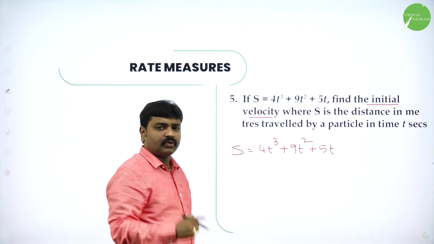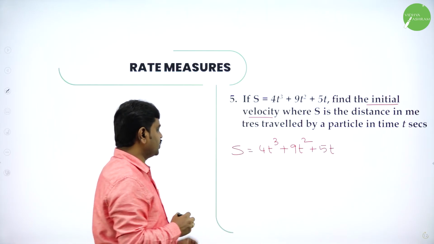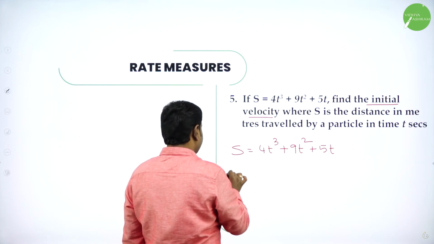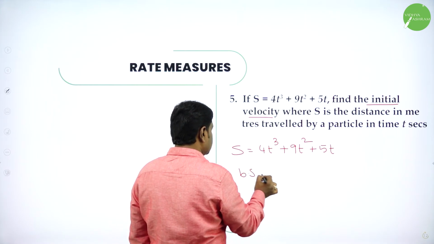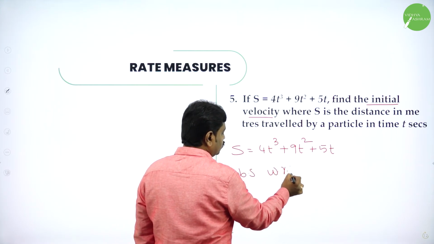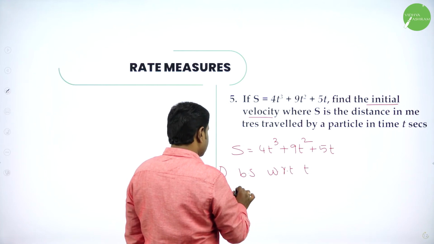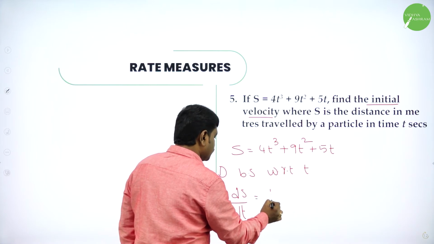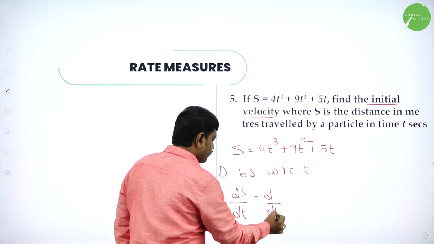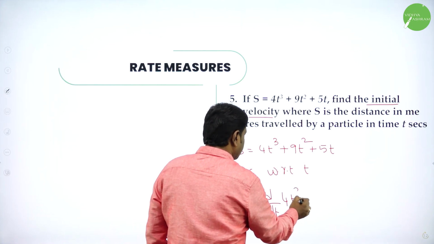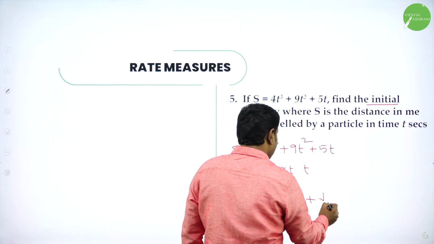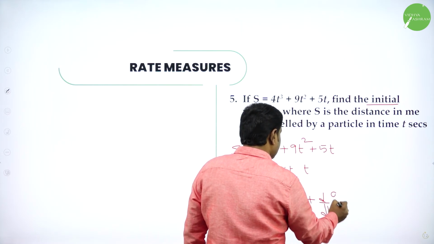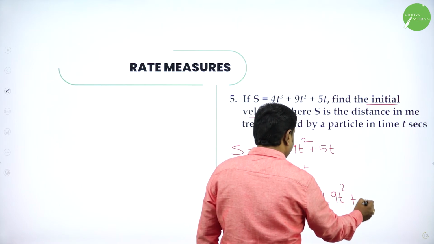This is given. If you want any velocity, first you should differentiate the distance. So differentiate both sides with respect to t. LHS becomes d by dt of s. RHS becomes d by dt of 4t cube plus d by dt of 9t square plus d by dt of 5t.